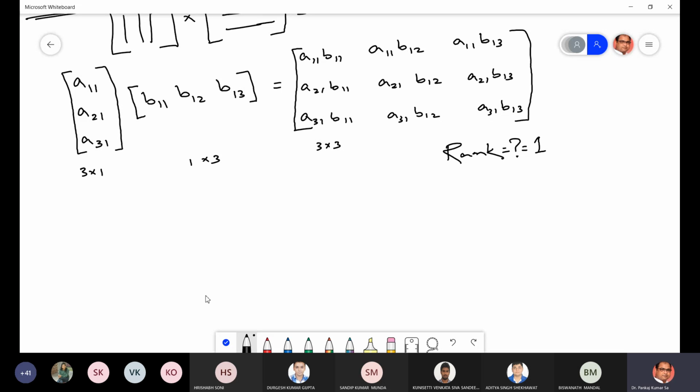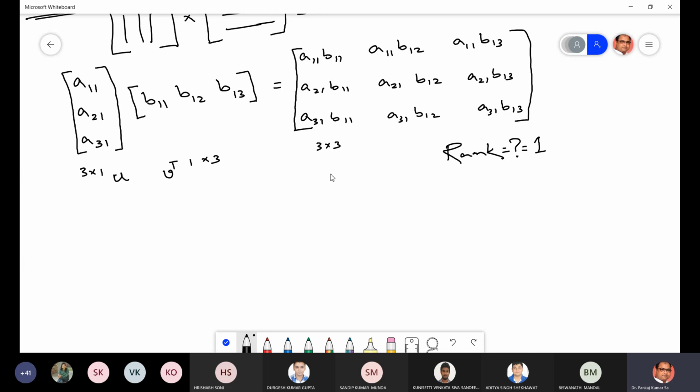Look at the columns of this C matrix. Let me say this is U, because this is one part of the A matrix. Let me say one column vector of A, one row vector of B. So let me say this is V transpose.